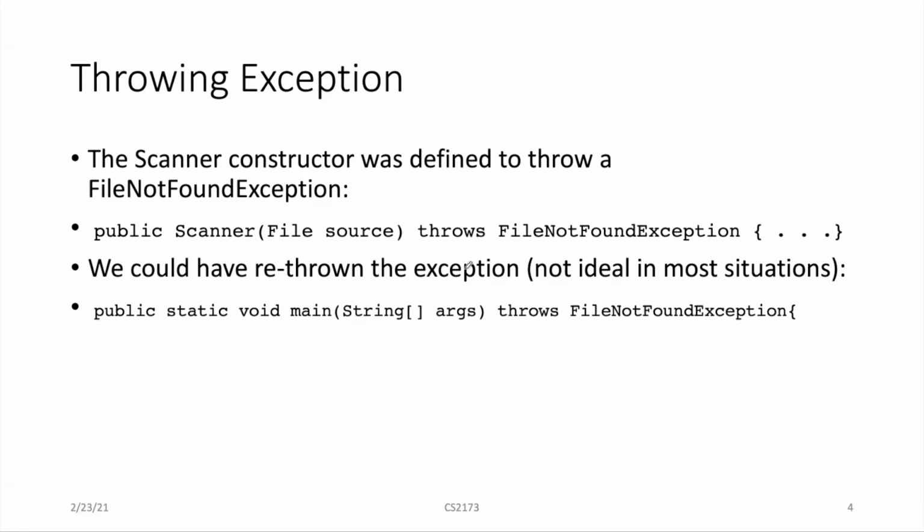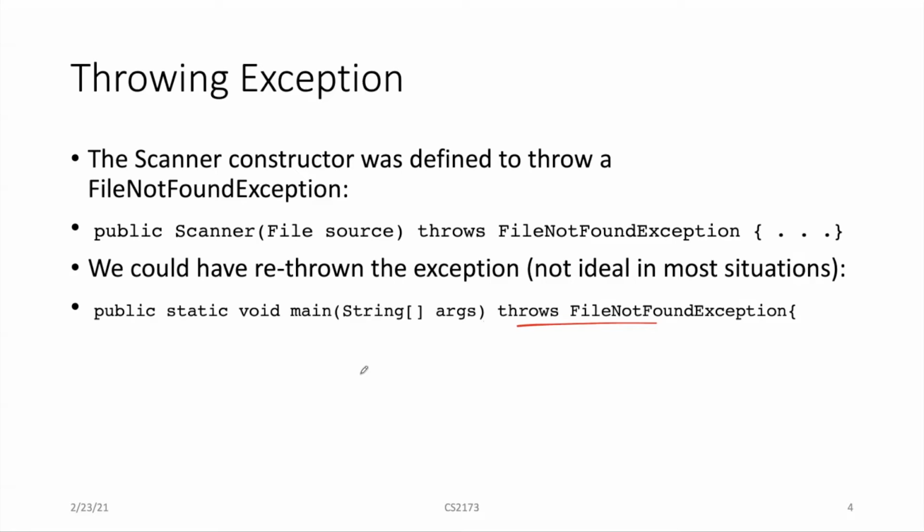Now we could have rethrown that. We could have actually rethrown that in main. So instead of doing the try catch, we could have simply said this. If you're in a hurry and just throwing stuff together, or maybe just for a demonstration purpose and you don't want to do a whole lot of typing, that can be sort of useful.